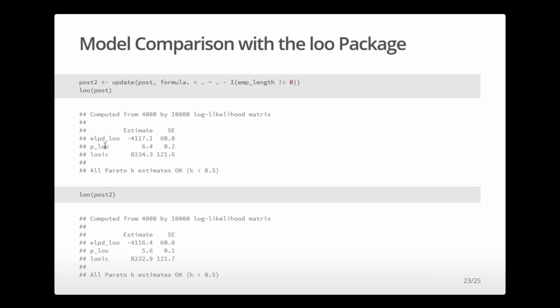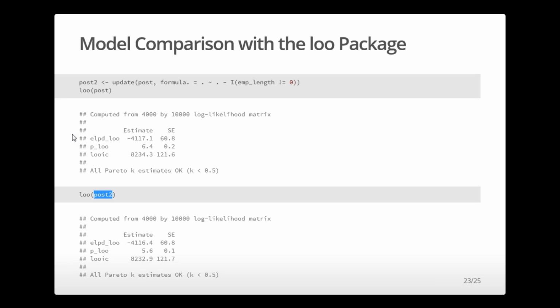So you can just look at the ELPD Lu and compare one model to the other. The model that has the higher expected log predictive density is expected to predict better in future data than models that have lower values. So in this case, we see the model that we estimated that takes away the job variable has a slightly larger value for ELPD Lu, but really it's very similar relative to the standard errors, and there's a compare function that you could do this that actually will give you the standard error of the difference.